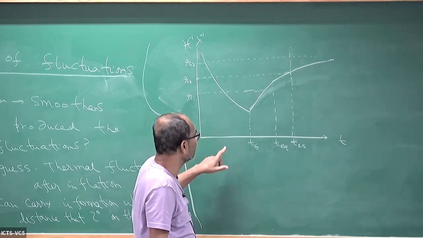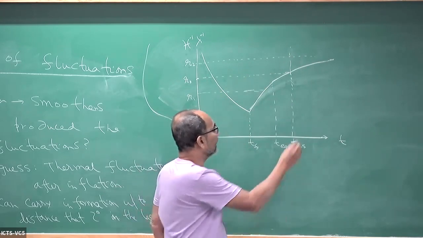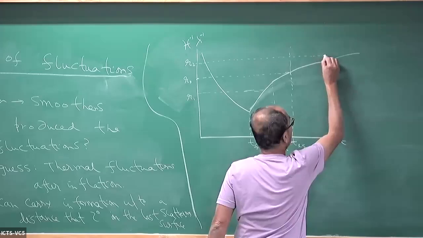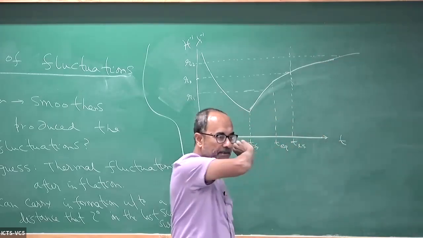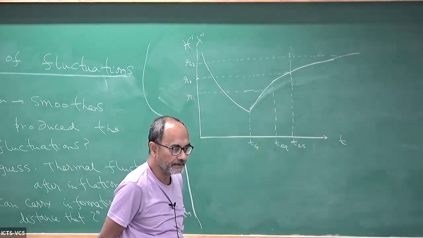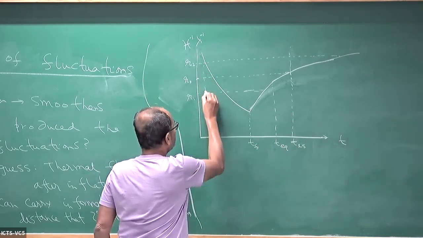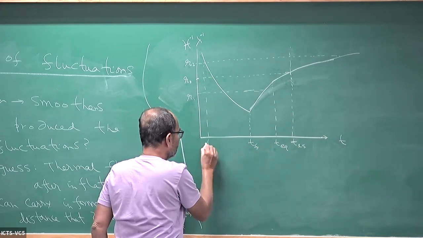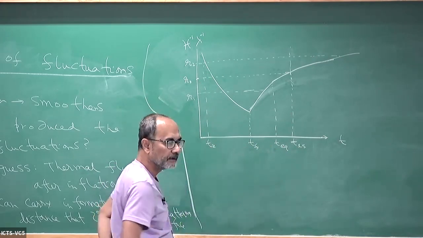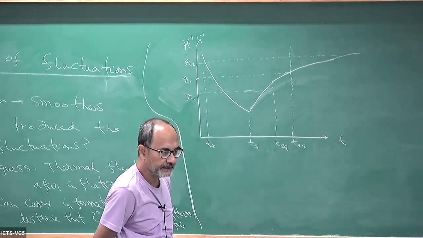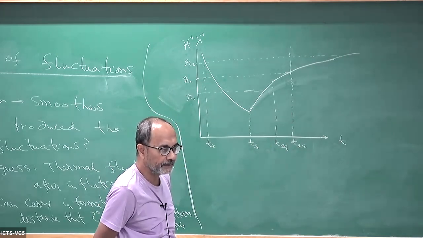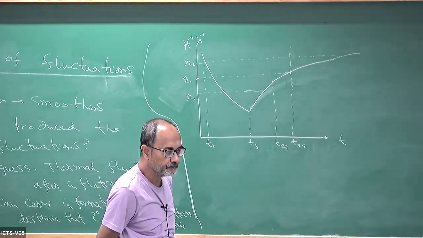R2 intersects the curve at T2. So after T2 it may produce, but that's irrelevant because T2 is larger than the last scattering temperature. So in between T2 and the last scattering, you can't produce any fluctuations at that scale, and you cannot affect fluctuations at that scale, right?